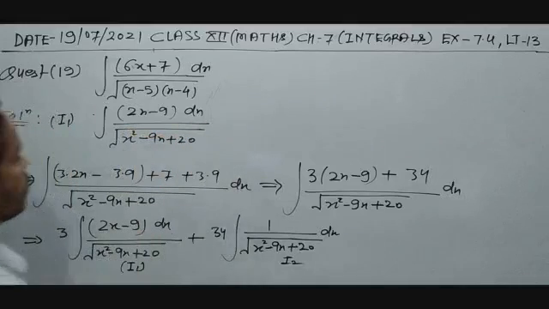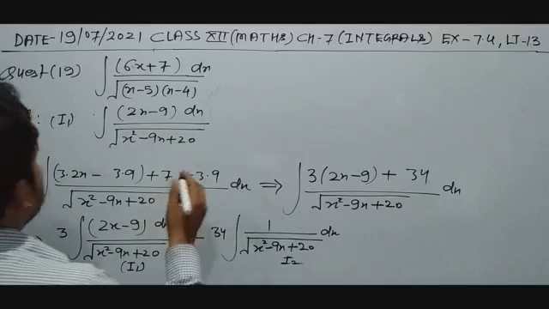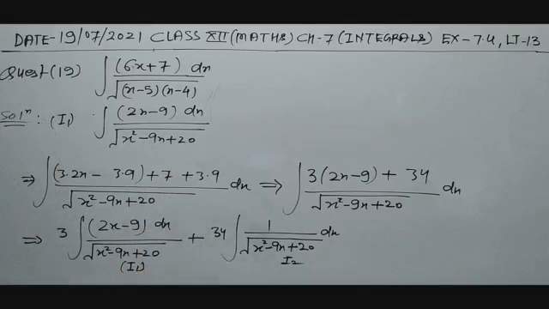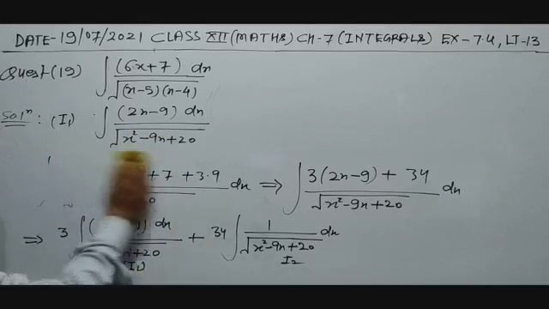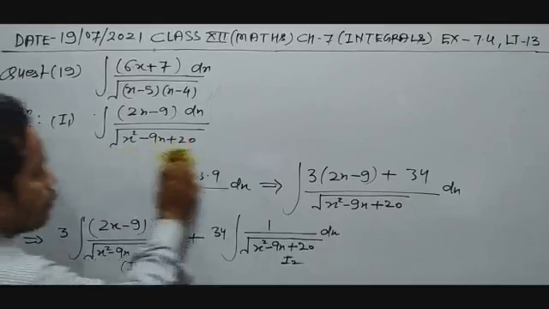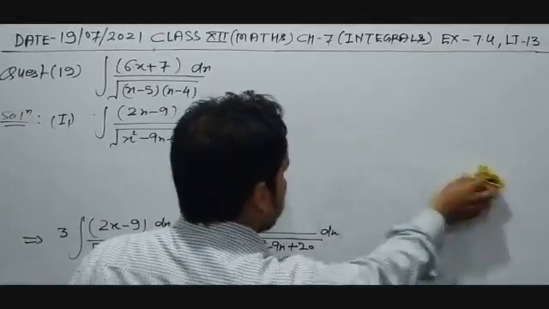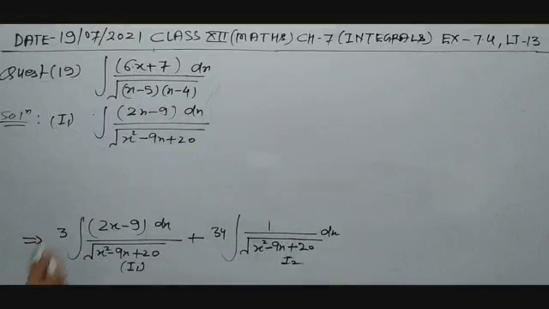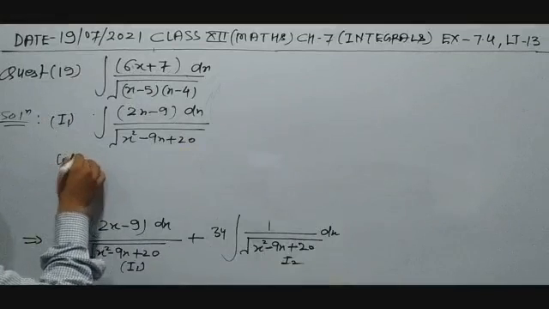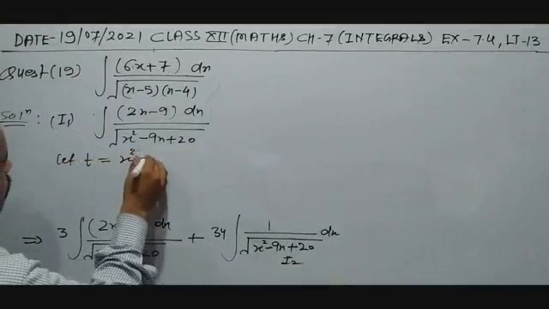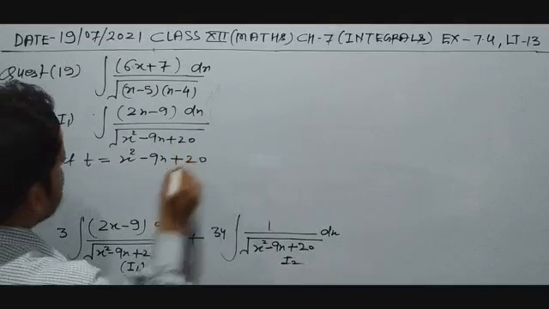In this question, first of all you will consider let t equal to x² − 9x + 20.